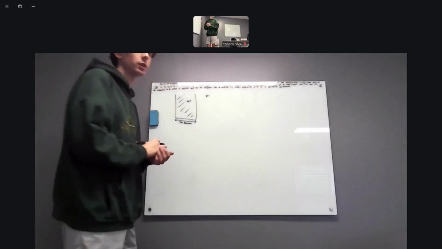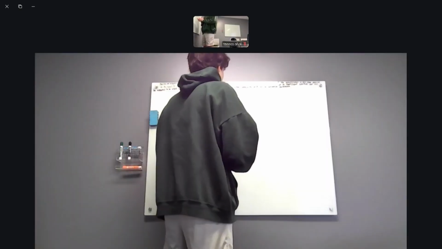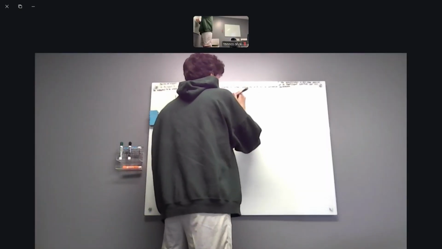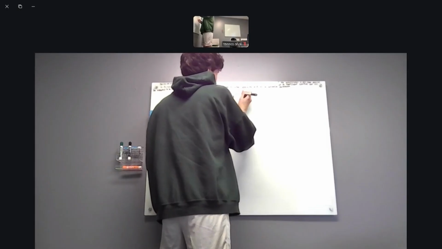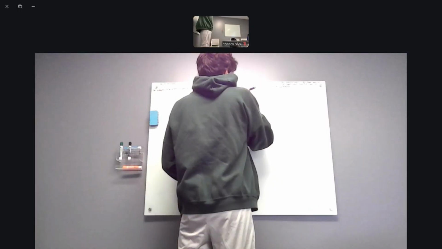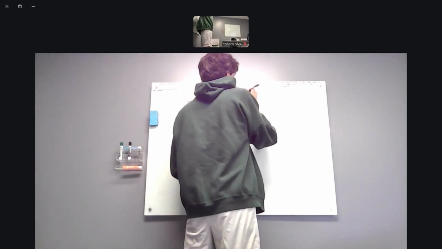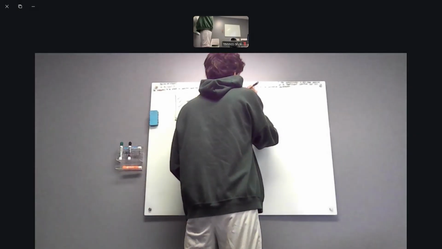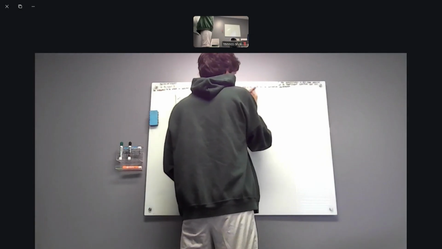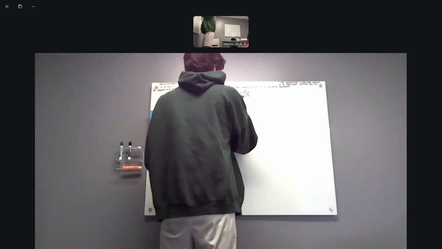Now let's get into the equations of what we're working with. We have our molar flux of NA, and that is going to be equal to our diffusion coefficient D, and then we will have our derivative of concentration A with respect to dz.